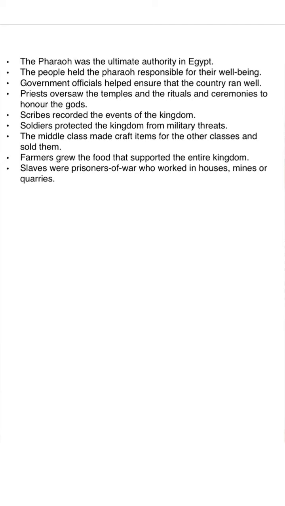Now, most of the slaves were prisoners of war. What does this term mean? It means a person who is captured in war. Okay? So most of the slaves were prisoners of war, and people who were not able to pay off their debts and other criminals were also reduced to slavery.